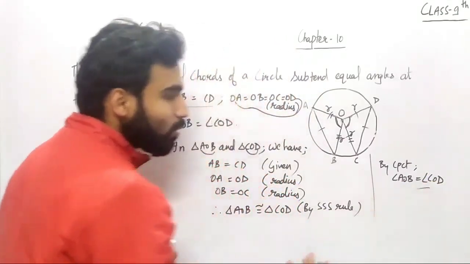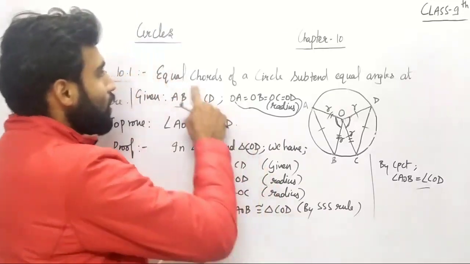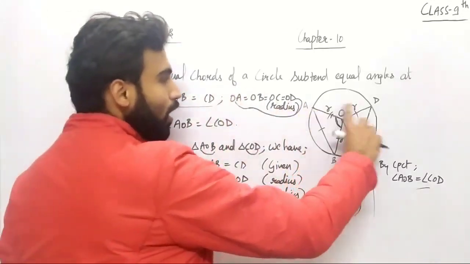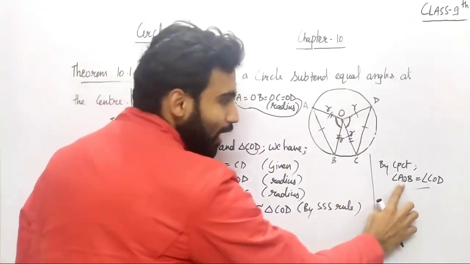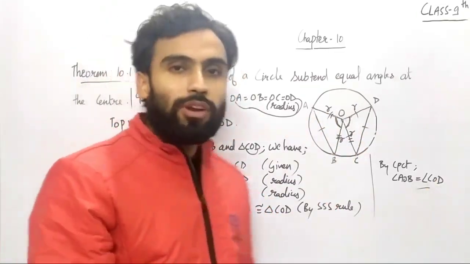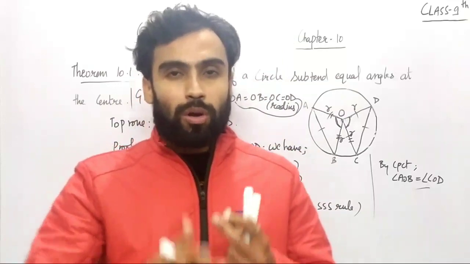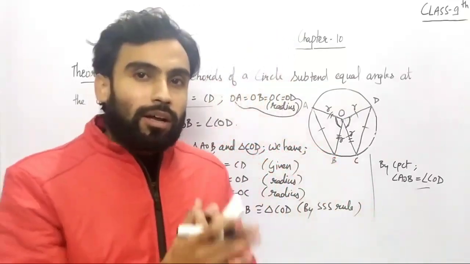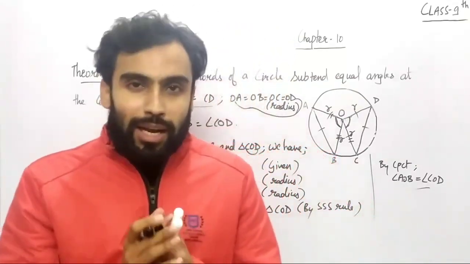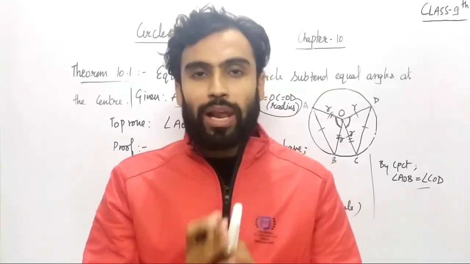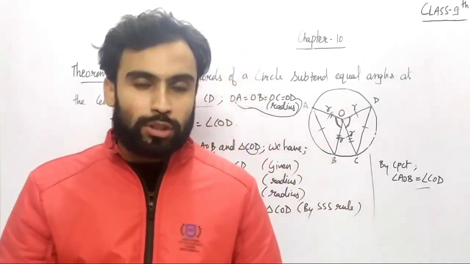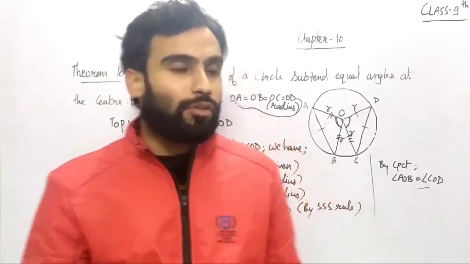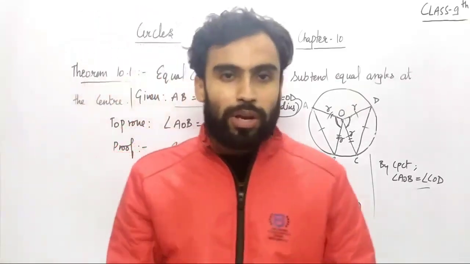So this is what we had to prove: equal chords of a circle subtend equal angles at the center. You can see the angles are equal. So this is what we had to prove in this theorem. Always remember that chords equal in length subtend equal angles at the center. This is the theorem which is going to be used further. So remember this and try to do it on your own at home, right?